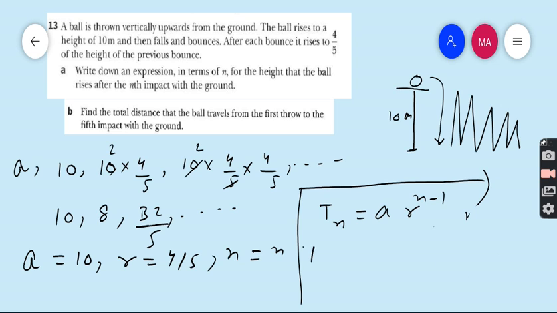See, Tn equals a, where a is 10, r is 4 upon 5, to the power n minus 1.